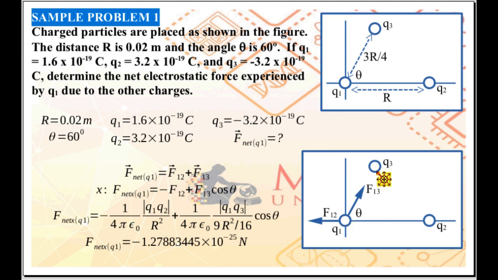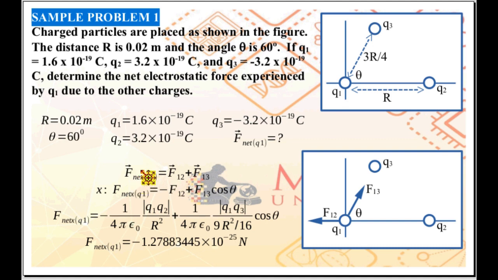Positive, negative, opposite charges will attract each other. So attraction, Q1 will be pulled towards Q3. You have force F1,3. So Q1 will experience F1,2 and F1,3. The net force is equal to F1,2 plus F1,3.